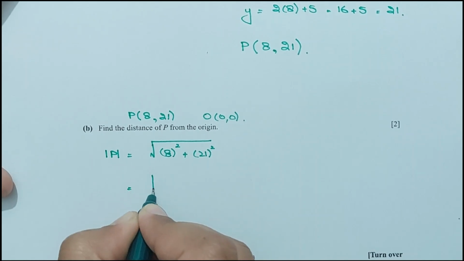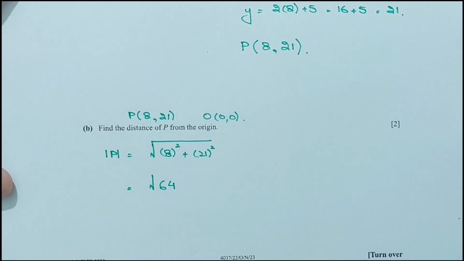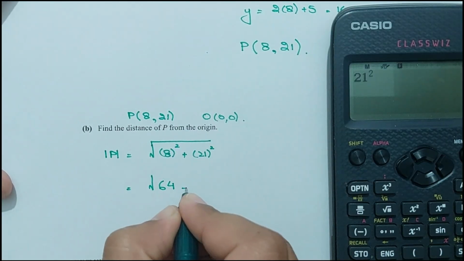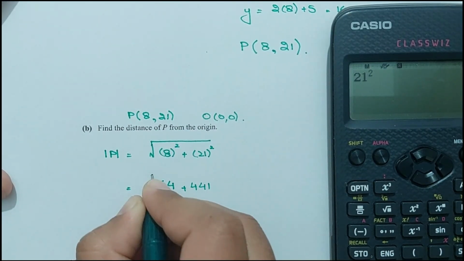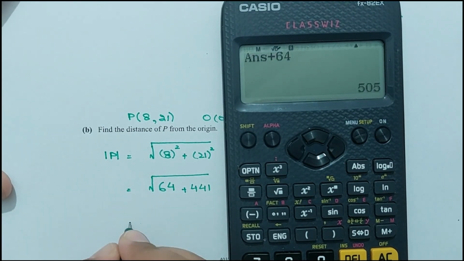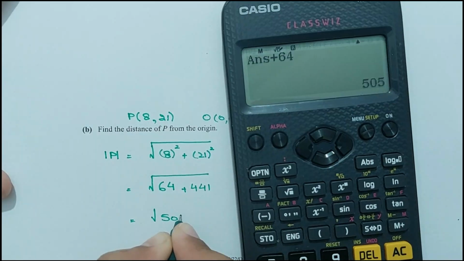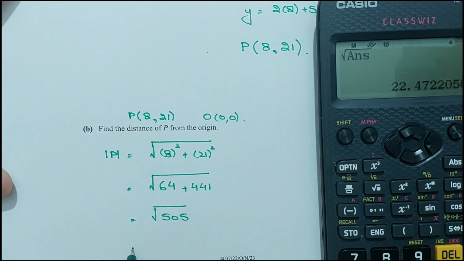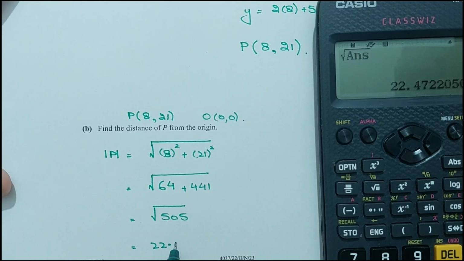So this equals the square root of 8 squared, which is 64, plus 21 squared, which is 441. Adding, 64 plus 441 is 505, and the square root of 505 is 22.47, or 22.5 to one decimal place. 22.5 units is the distance of point P from the origin.